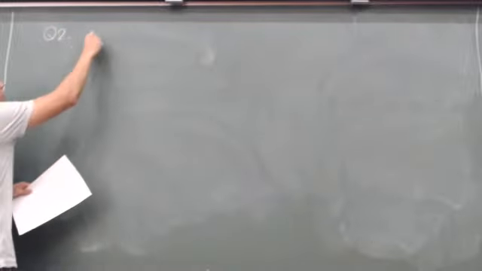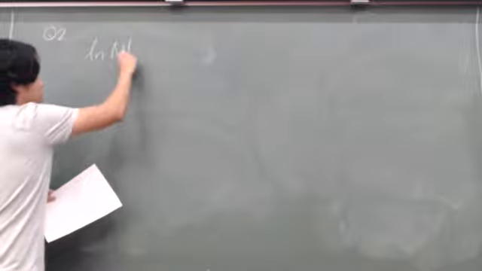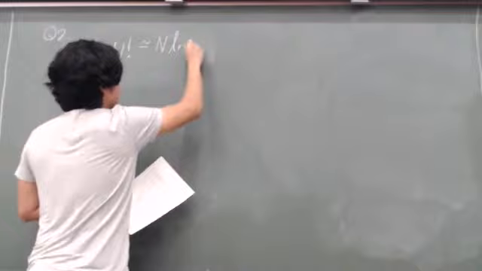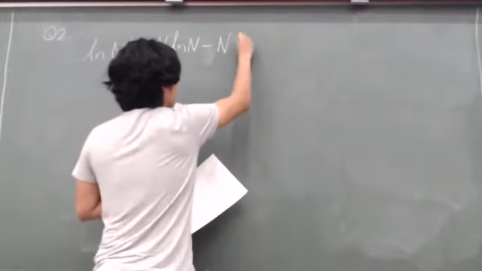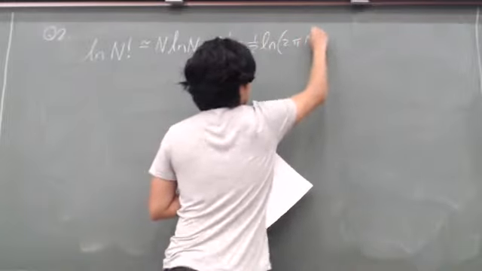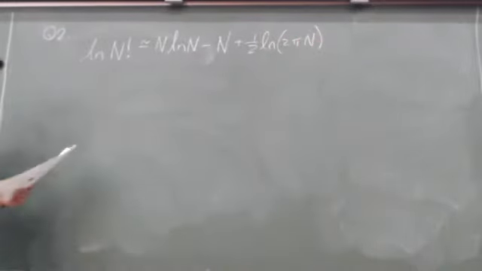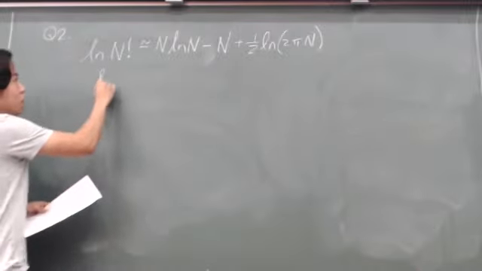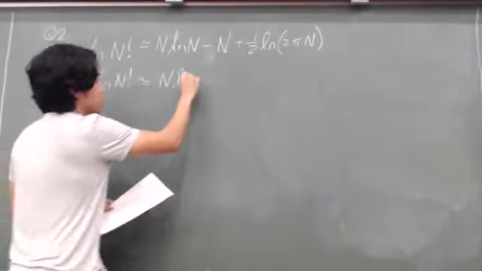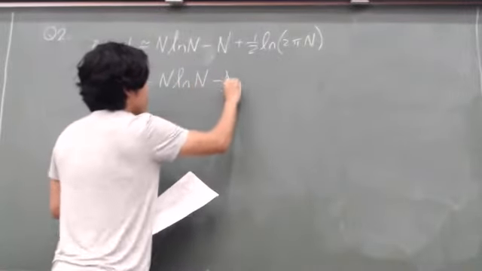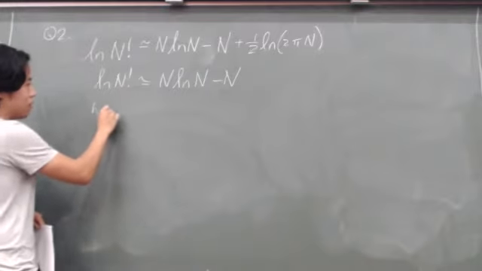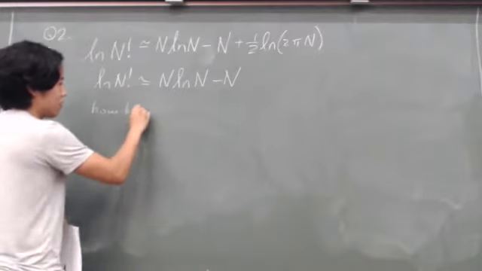You have the full version where log of n factorial is approximately n log n minus n plus half log 2 pi n. And then you can have an even lazier version where log of n factorial is just n log n minus n. And the question is, how big does n have to be for this to be valid?